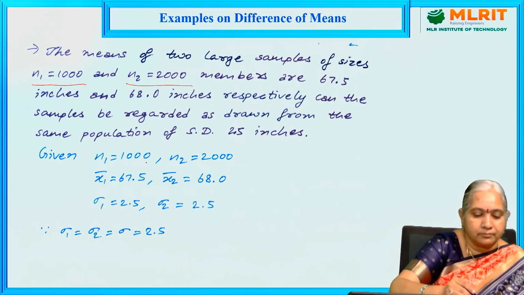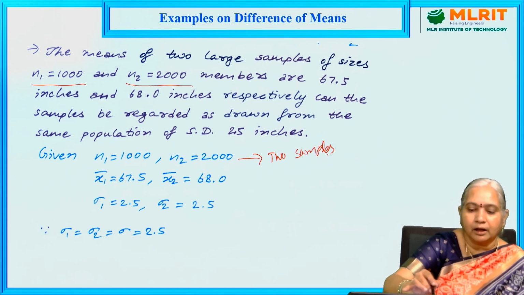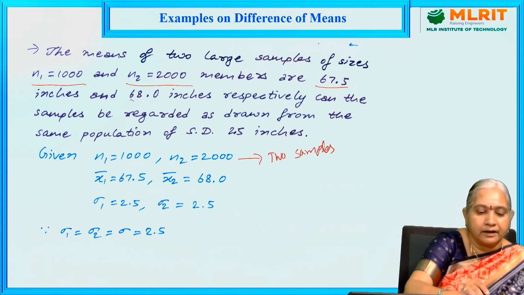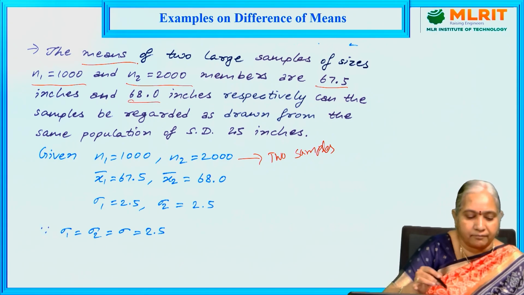So n1 equal to 1000 and n2 equal to 2000. The means of these two samples are given.